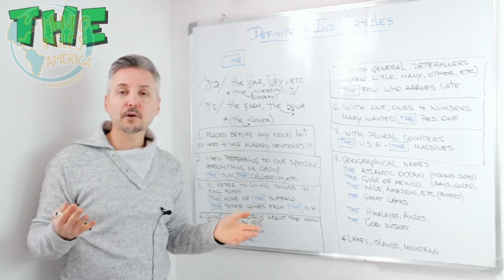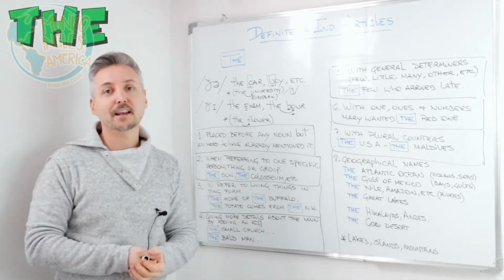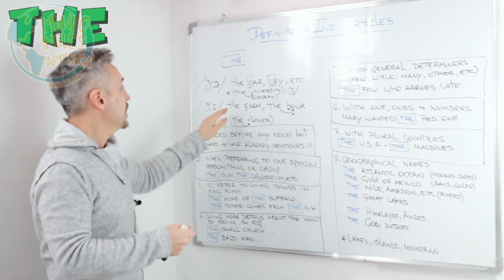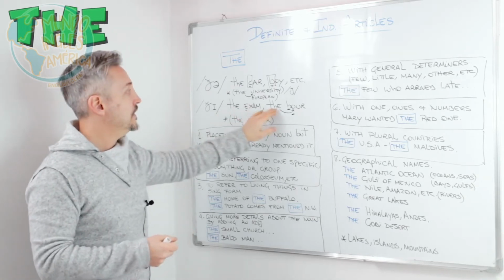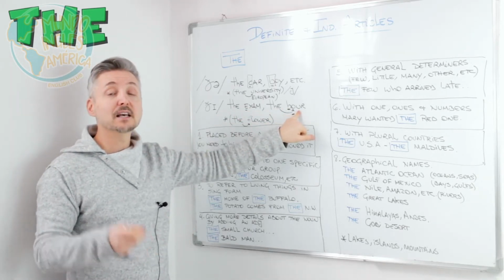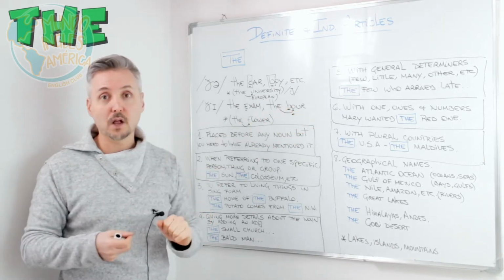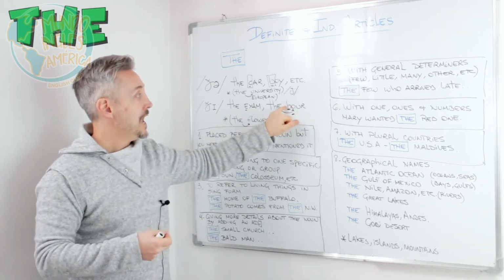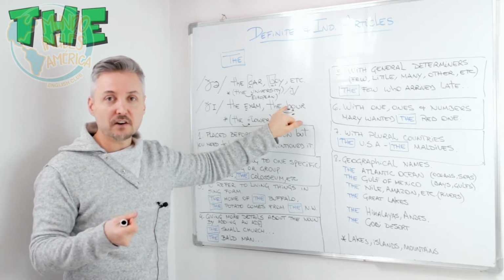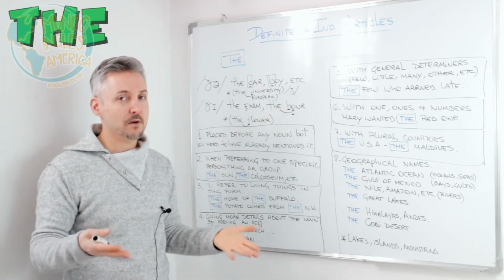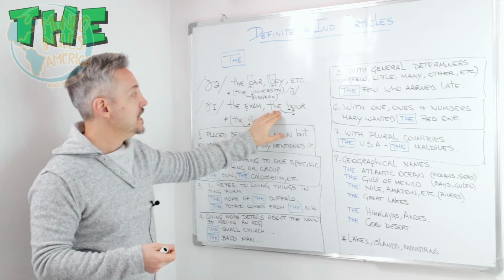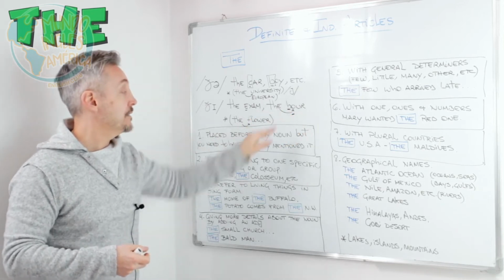Now, how do we pronounce it with vowels then? Well, the exam, the hour. In this case, the word starts with a vowel, the exam, and obviously we have H here, but the H is mute, so we don't pronounce it. So, the hour, consonants, vowel sound.